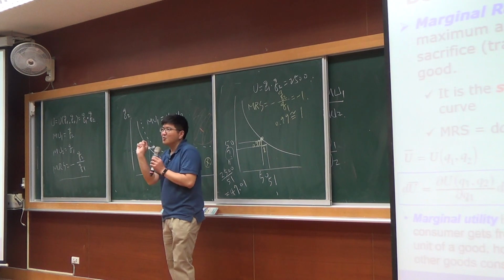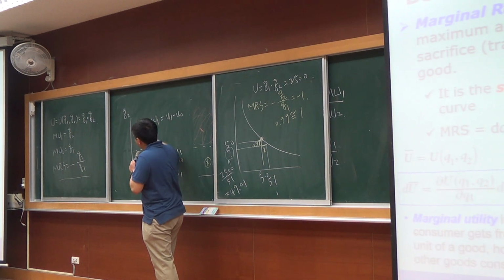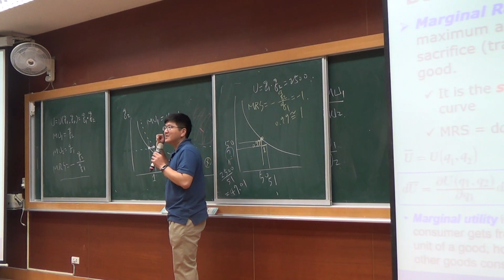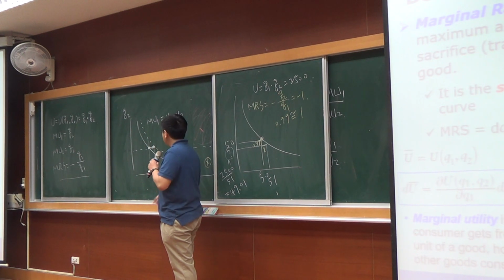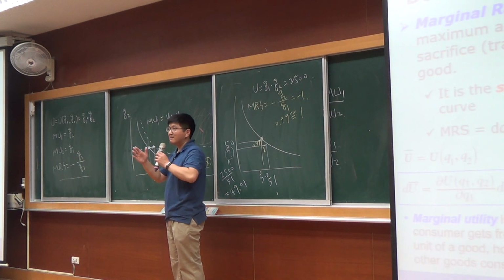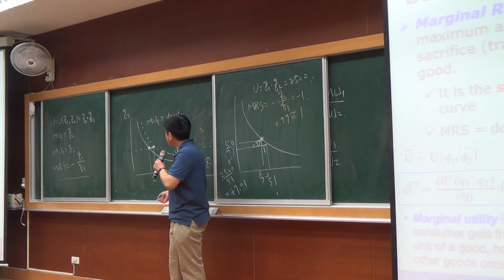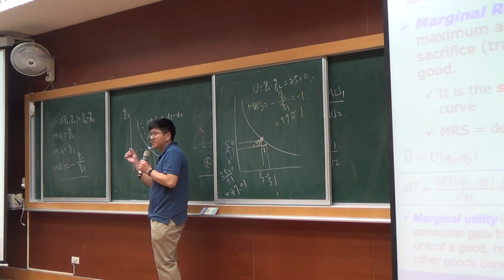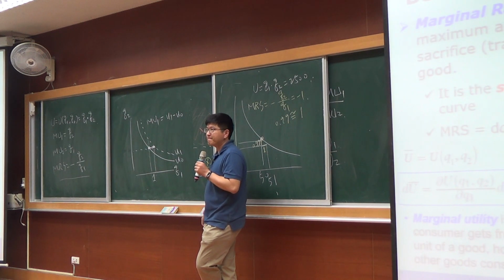But it's too close, you cannot tell. So we expand it to make it as large as possible so that you may see it. Otherwise, differentiation should be very tiny. The change should be tiny. Okay?